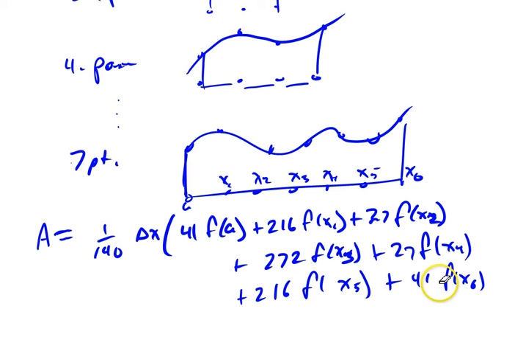Okay, and then if you had another interval, you would do the same coefficients again. Notice that the 41 that's used for the f of x6 would also be a 41 used over there, but when you combine them together, that would turn into an 82.